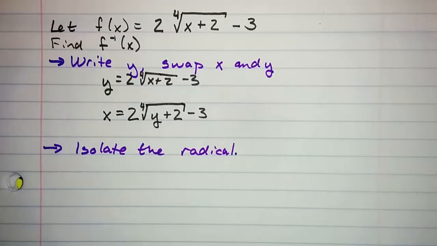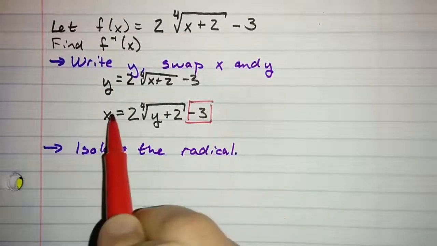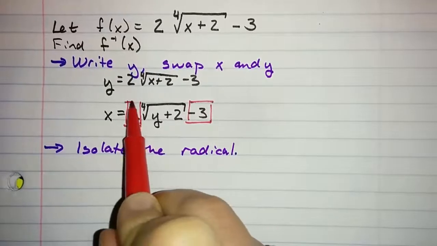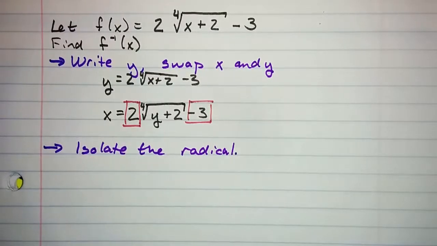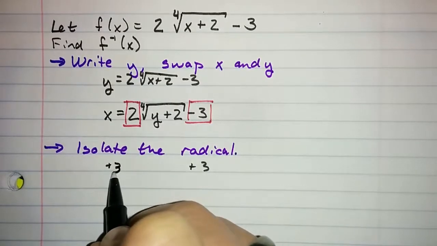We're going to isolate the radical. So that means, in this case, that we're going to need to get rid of the minus 3 and the times 2. So I'm going to get rid of the minus 3 first by adding 3 to both sides.